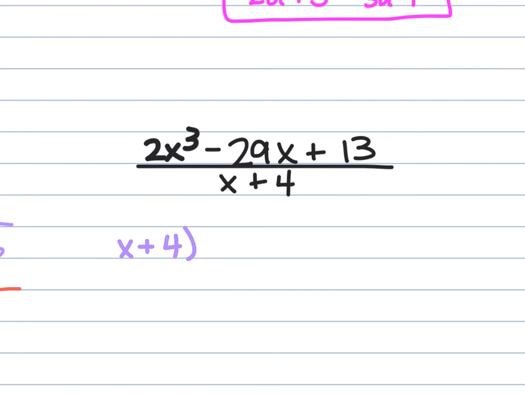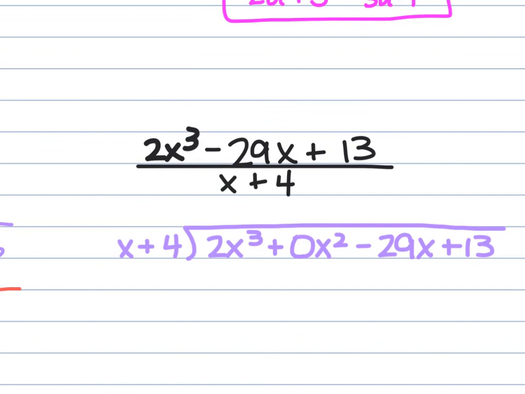However, if we look at the trinomial on the top, we have an x cubed, then we have an x, then we have the 13, which is a constant. We don't have an x squared, so we have to represent that x squared somehow. So we'll write down the 2x cubed. Now, since we have to represent that x squared, we're going to put a plus 0x squared. And then we'll keep going with the negative 29x plus the 13.